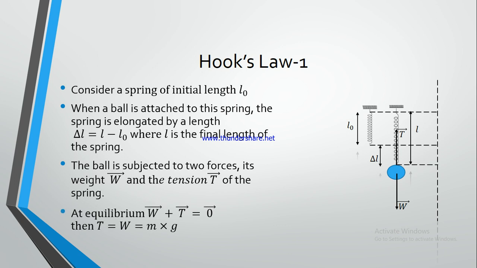And at equilibrium, we have the vector relationship W plus T equals 0, then T equals W equals m times g. We will do a simulation on the tension and the elongation delta L to find the formula of Hooke.